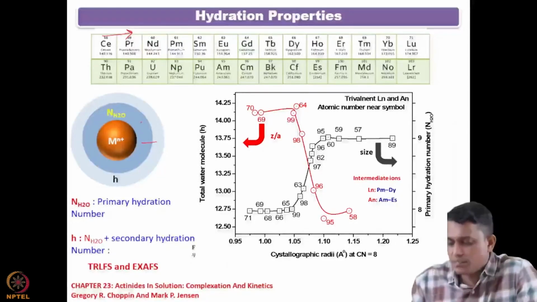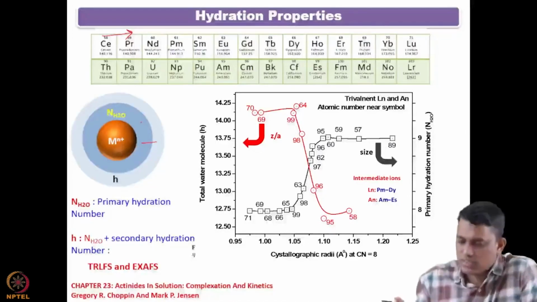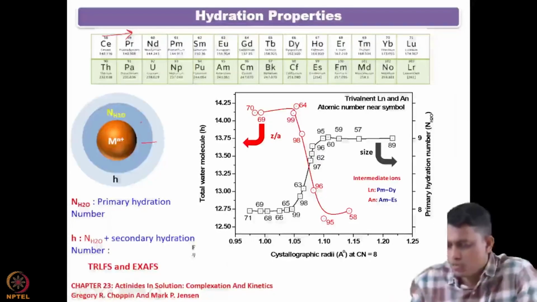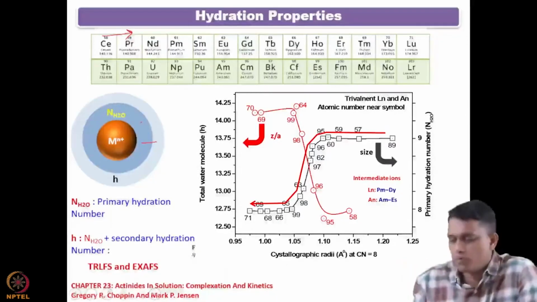Why is there a change from 9 to 8? At this position, as shown in the previous slide, since the size is a bit larger, you can accommodate almost 9. But the moment you move like this, your size keeps on reducing. So because of the steric factor, accommodating 9 water molecules is very difficult, and they settle down with 8.